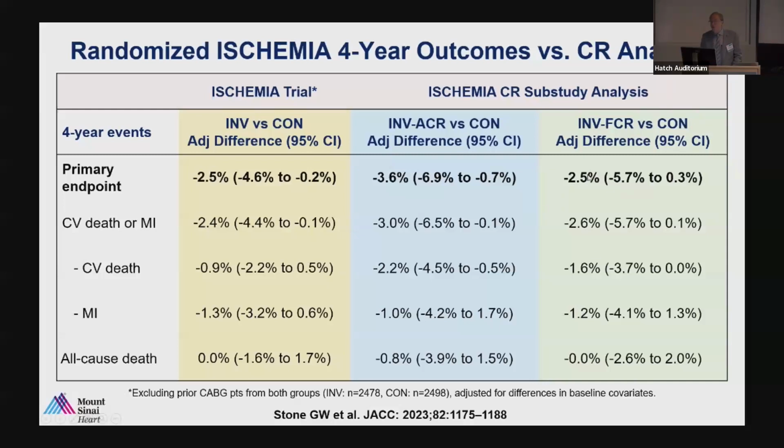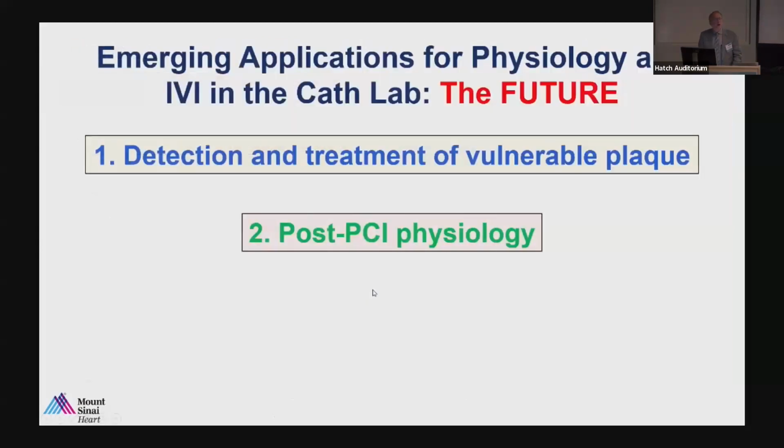Functional revascularization really didn't have much of an effect. So we really need to treat the lesions that are containing the plaques that are going to cause clinical instability, cardiovascular death and myocardial infarction, not just the ones that are functionally significant, which will cause symptoms, but not necessarily clinical instability.